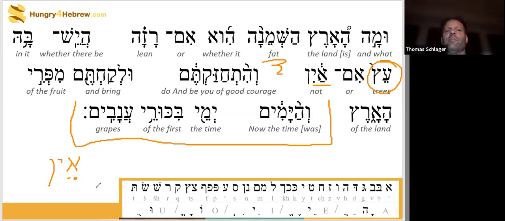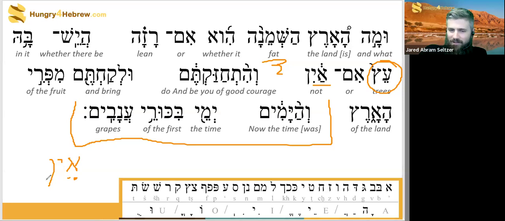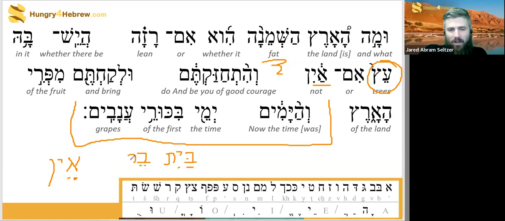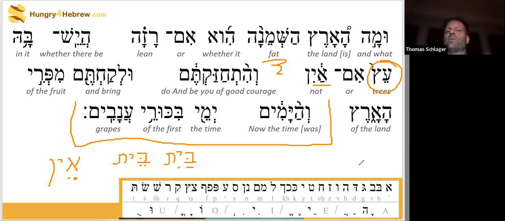Ein means there is not. Something does not exist. Just as bayit becomes beit, with or without a yod, so also ayin and ein, they are related. There is not. Yeah, okay, bayit is construct.